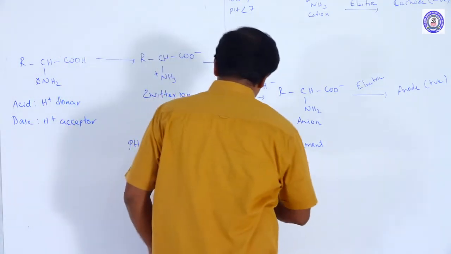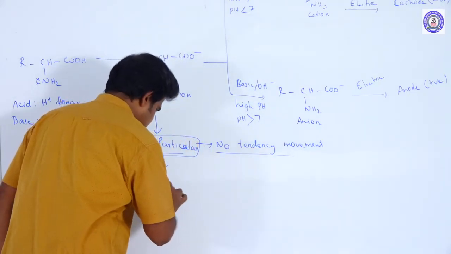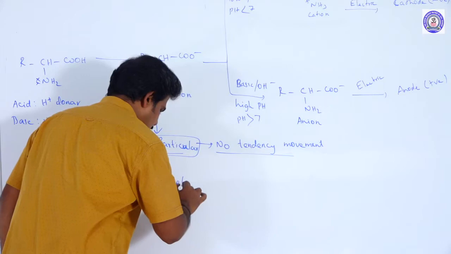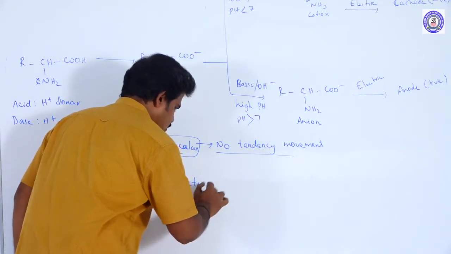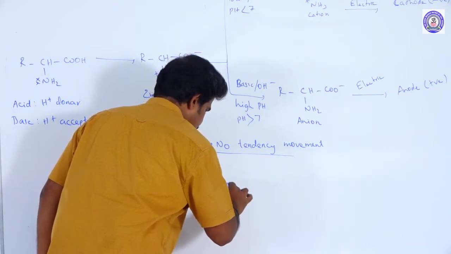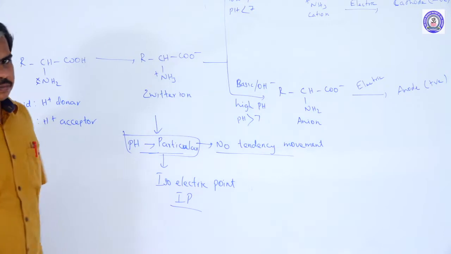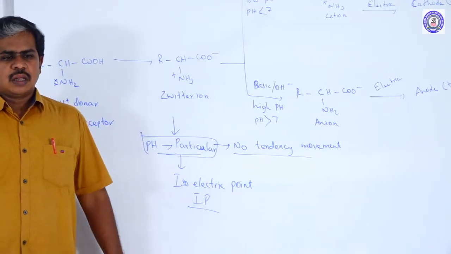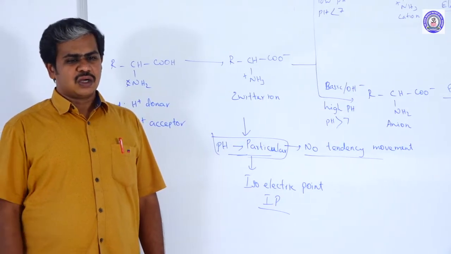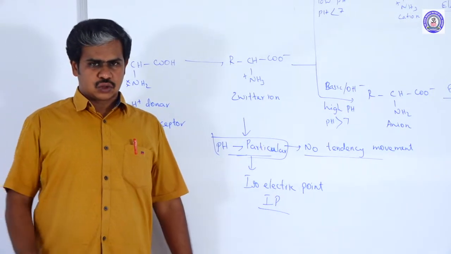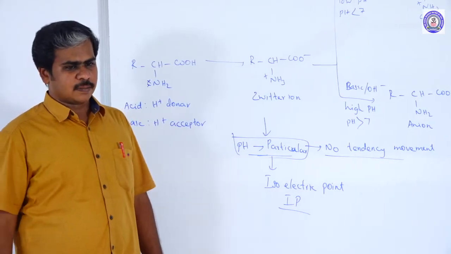This particular pH point is known as the isoelectric point, IP. So what is it? IP, isoelectric point. There is no tendency of a zwitter ion to migrate to either electrode, which is known as the isoelectric point.